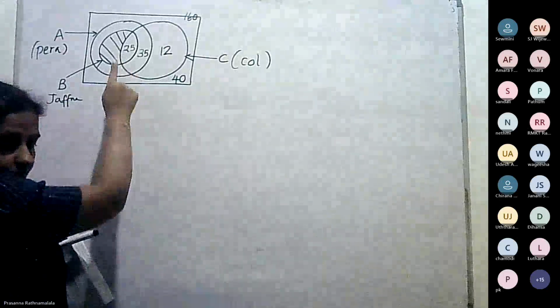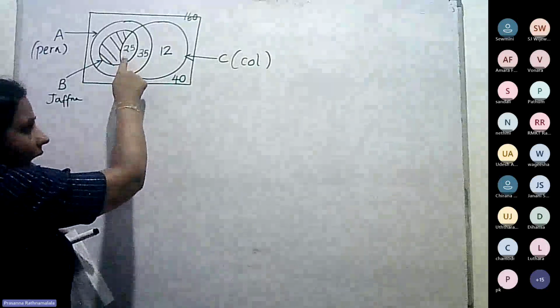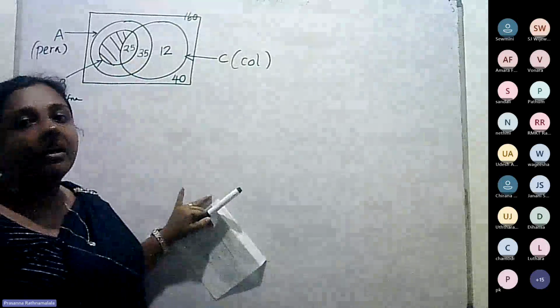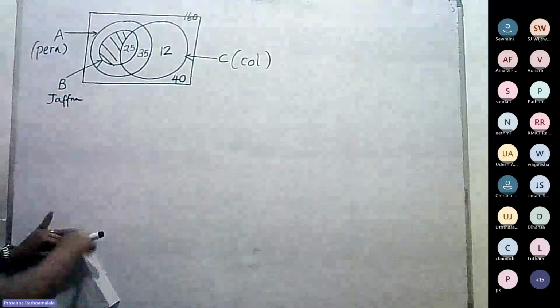Here, the students who applied to Peradeniya and Colombo only, 35. Here, the students who applied to all 3 of these faculties, that is the common one.